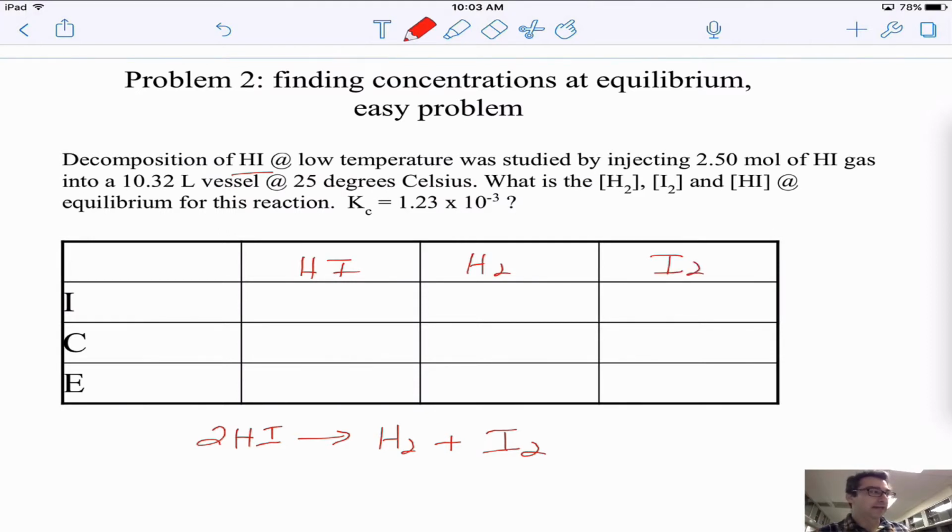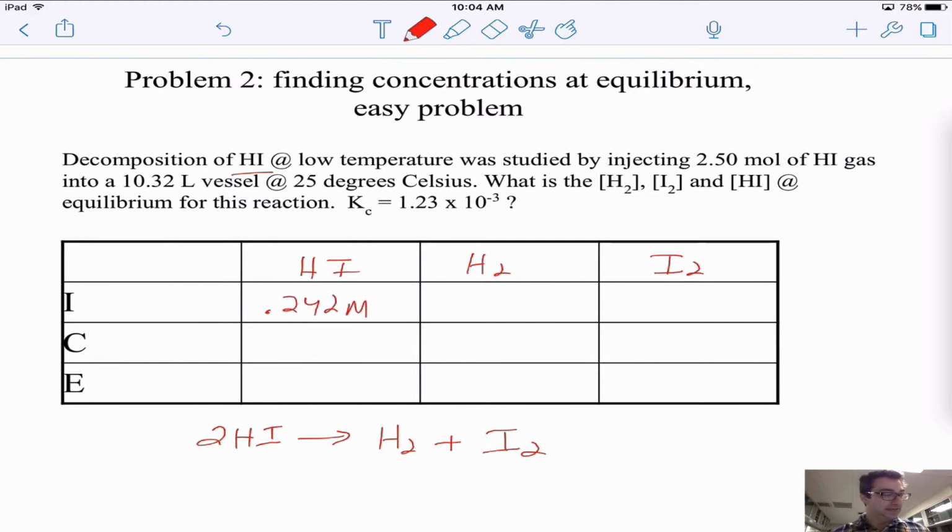They tell me that I'm injecting 2.5 moles of HI into a 10.32 liter container. So if I take out my calculator, I have 2.5 divided by 10.32, and I get 0.242 molar of HI.